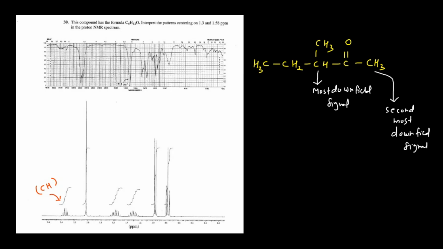So this carbonyl group will deshield the hydrogens of this methine as well as this methyl group. But this methyl group is having three hydrogens, so the deshielding would be a little bit lower for these three hydrogens when compared to this particular hydrogen. So this is the second downfield signal. That means you can say this signal is due to the presence of CH3 which is connected with the carbonyl group, right?